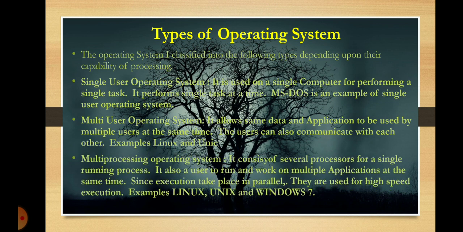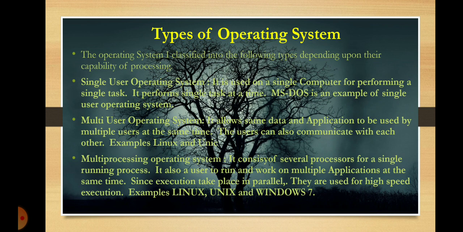Single user operating system. It is used on a single computer for performing a single task. It performs one task at a time. MS-DOS is a very good example of a single user operating system.